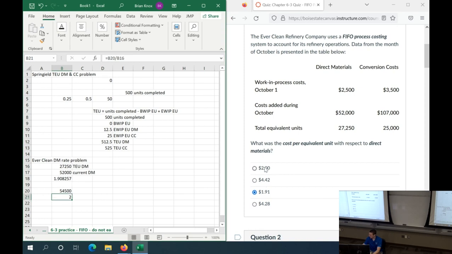That's what this distractor says. And I think the other is if you did conversion costs instead. I think the 4.42 is the conversion cost if you accidentally included beginning WIP, and the 4.28 is if you did conversion costs correctly, but you're answering the wrong thing.